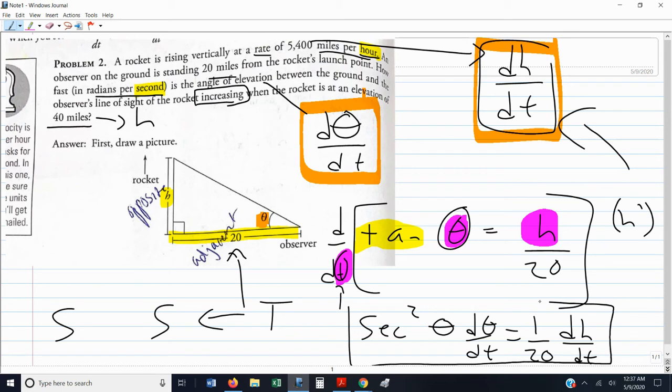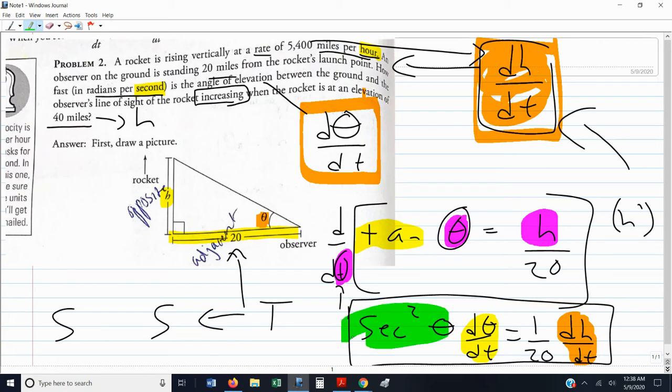So this is my equation. And remember that dh/dt, that was given, right? That's up here, and we know that that is 5,400 miles per hour. 1 over 20 is a constant. dθ/dt is what they're asking us to find, and then we kind of have to figure out what to do with this.